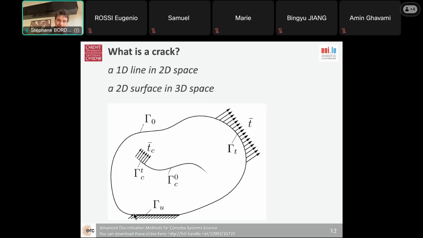On that schematic here, you have two notions that we talked about in the theory part of that course. This is also theory, but a little bit easier to deal with. You have gamma u, which is the Dirichlet condition. This is where you fix the unknown u. And you have gamma t.